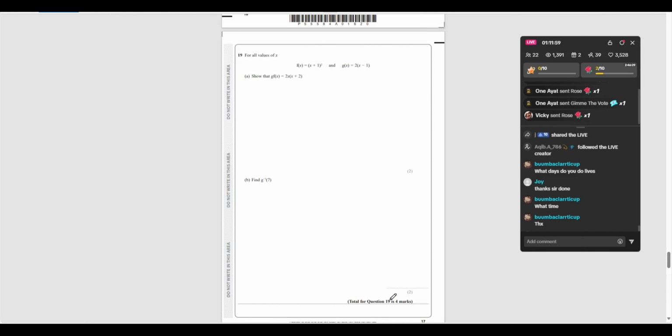Okay, now g f x is equal to, we're going to replace the values of f(x) into this, so g f and then x is equal to 2, and another bracket, x plus 1 squared minus the 1. So we just added these two into this, okay?